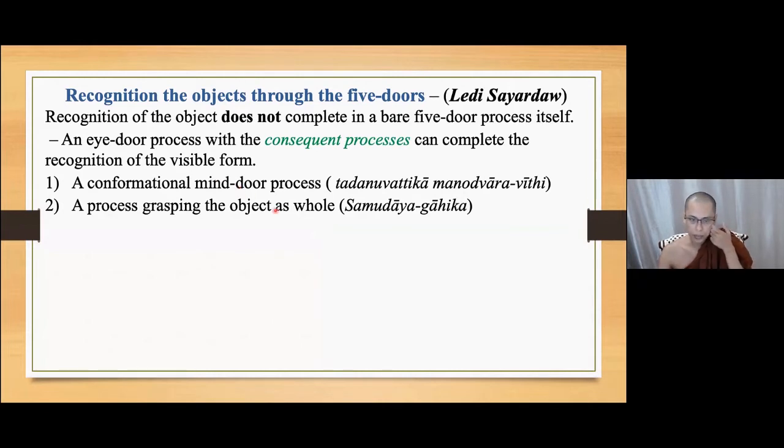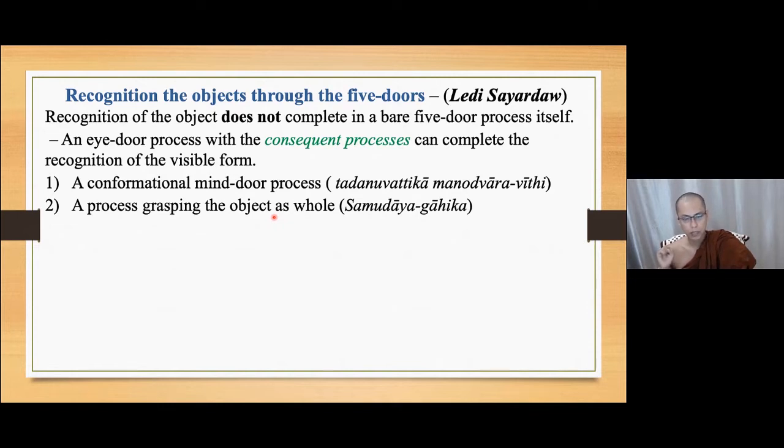Then another process, also a mind-door process, takes the whole object as a whole. For example, if we see a person, a human being, we see his head, his leg, his body, and his hand, etc. So all parts of the body come to appear. Then we recognize him as a human being.